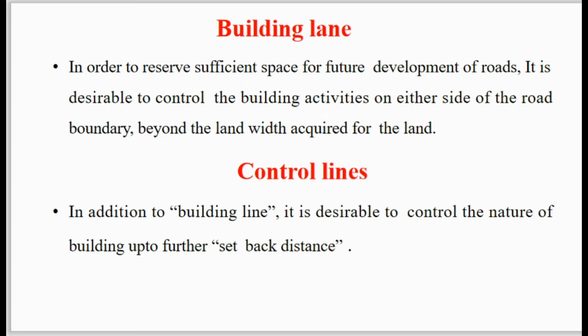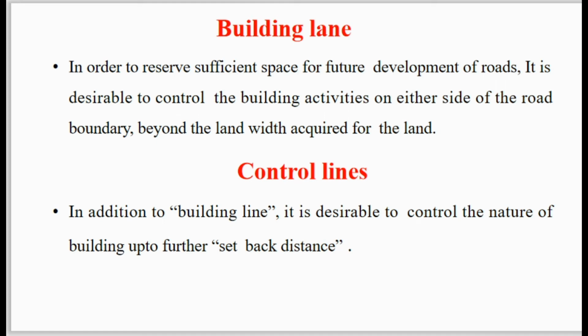Building line basically refers to the actual start of the construction work of the building from the edge of the road. And this setback distance is decided depending upon the width of the road and the type of road. That means if it is a national highway, state highway, etc.